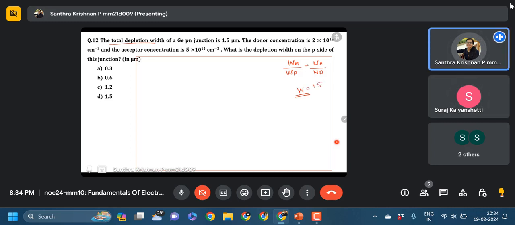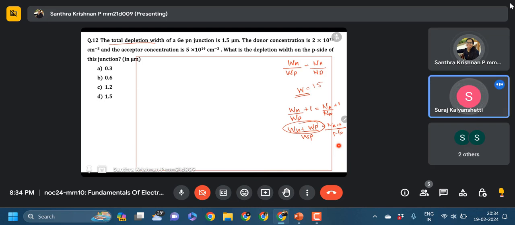So what you can do is add 1 to both sides: Wn by Wp plus 1, and Na by Nd plus 1. What happens is Wn plus Wp by Wp, and this becomes Na plus Nd by Nd. So now you have the numerator, and you can find the value for Wp.